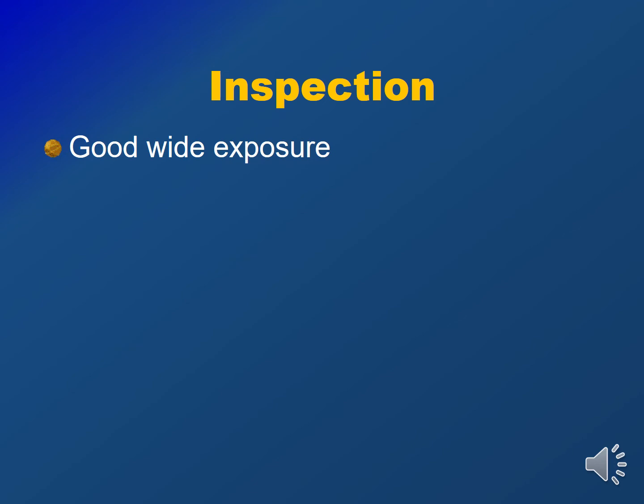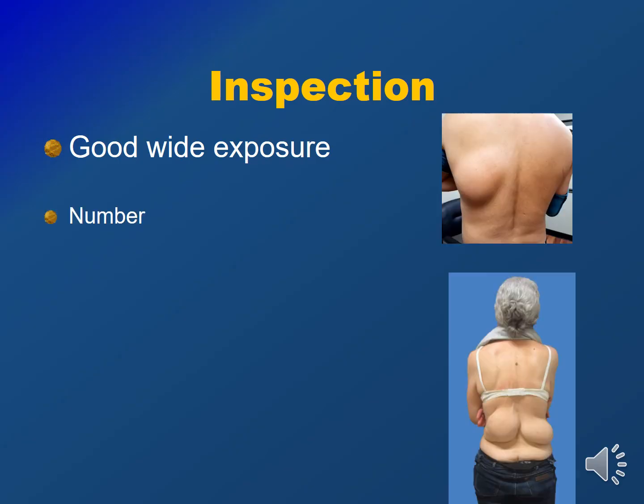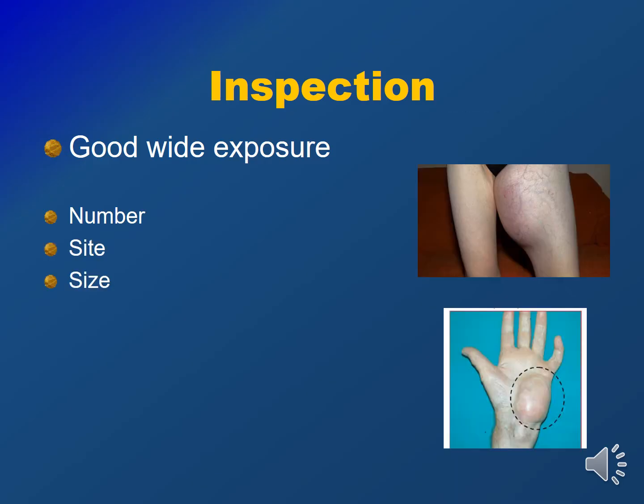Localized examination of a swelling needs good wide exposure of the area the swelling lies on. First, we will comment about number. Usually, if we say we have a swelling without the letter S, this means it's one. If we say I have seen multiple swellings in the back, this means it's multiple.